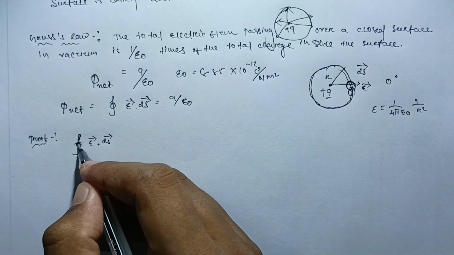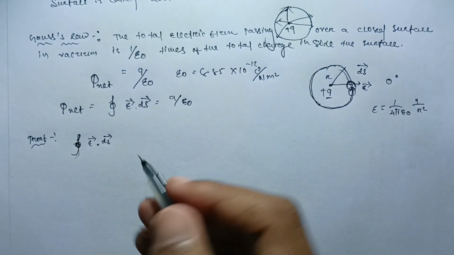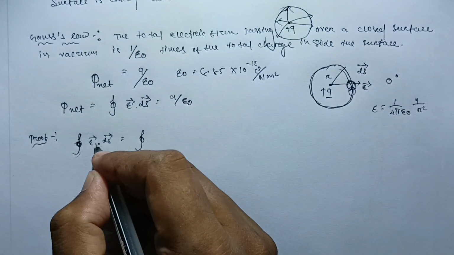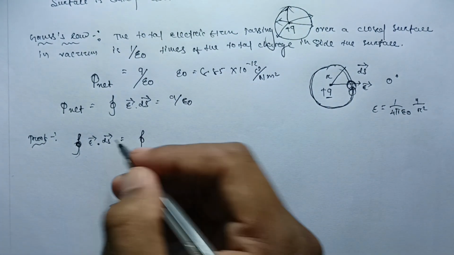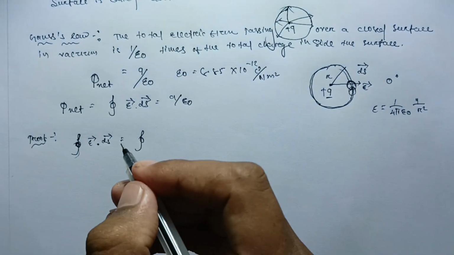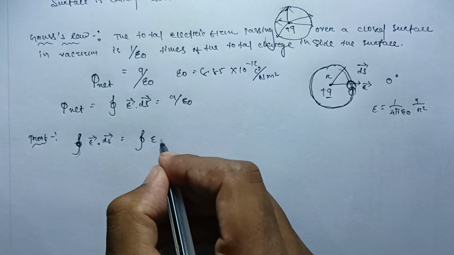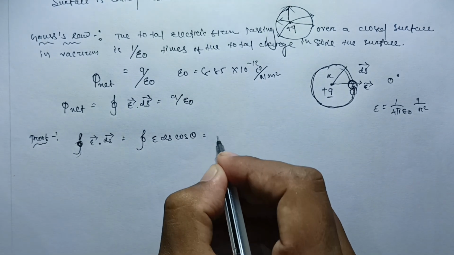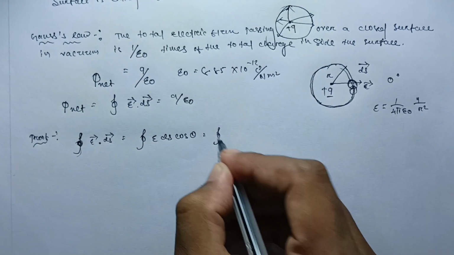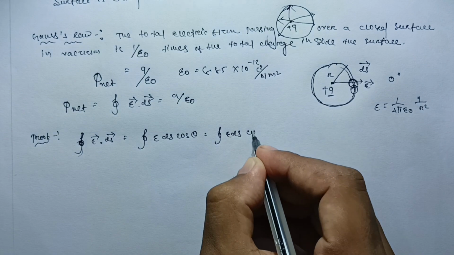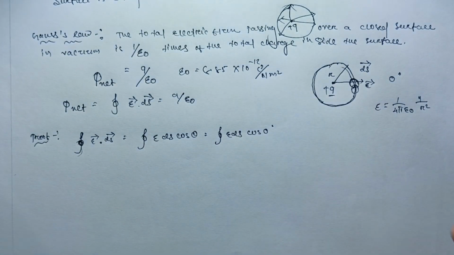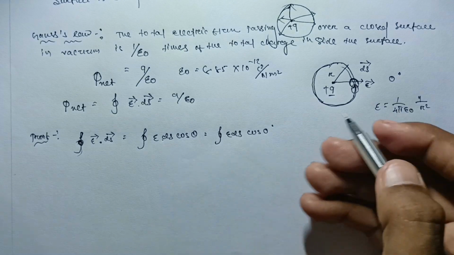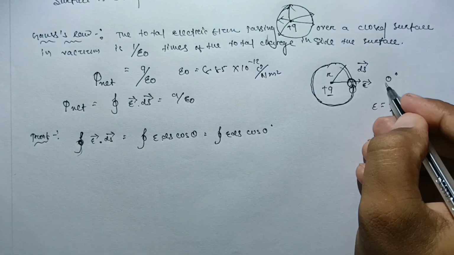So we take the closed integral equal to, if we open the dot product of the vectors, we can write E ds cos theta, and we can write E ds cos 0 degree, because we know the angle between E vector and ds vector is 0 degree, right?